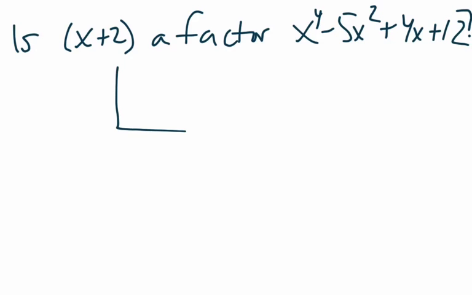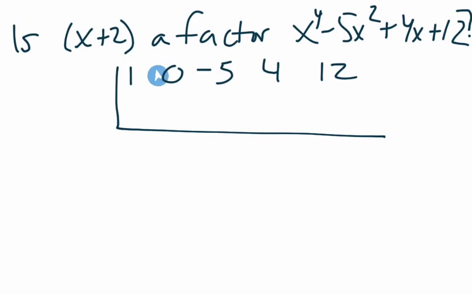So you're going to take the polynomial here, your dividend, negative 5, 4, and 12.